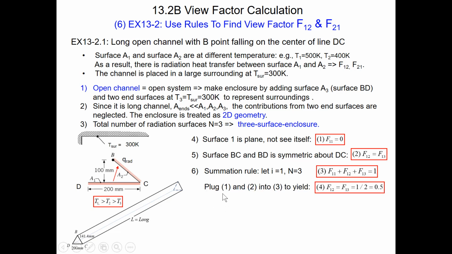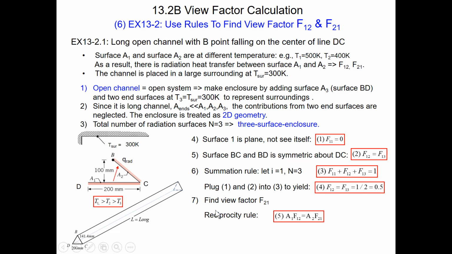Next, we plug equation 1 and equation 2 into equation 3 to yield the view factor F12 value, which is 0.5. It makes sense because 50% goes to surface A3 and 50% goes to surface A2 from surface A1.